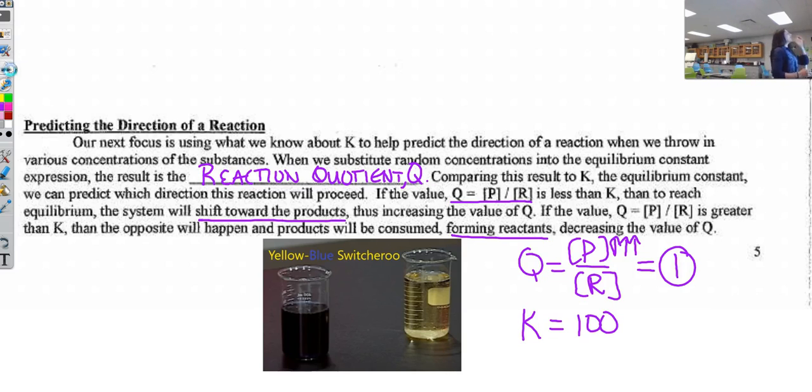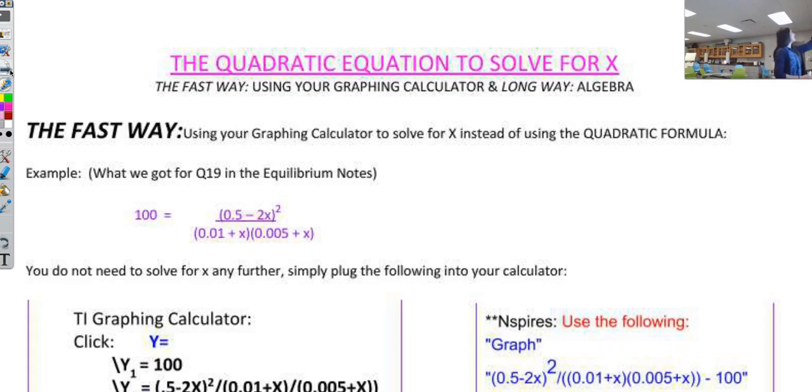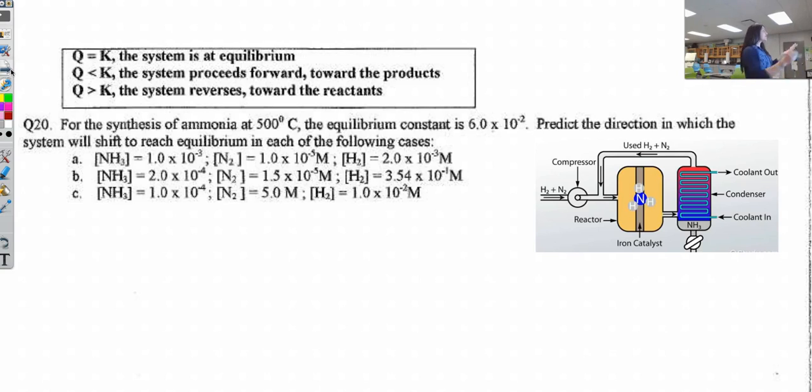All right, let's take a look here. This box goes over what the situation would be and what would happen. If Q is equal to K, your system's already at equilibrium. There's no change. So on your change step, if you were doing an ICE box, for example, there is no change. Q is equal to K, and you have your equilibrium concentrations, you're done.